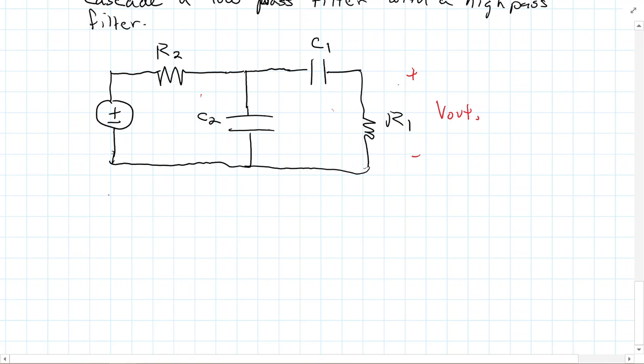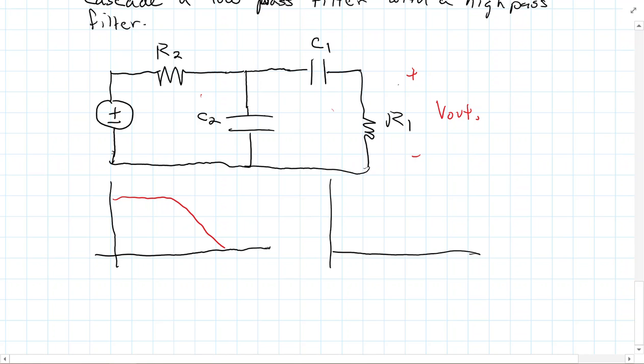I want to create a band pass filter, so if I were to look at what the Bode plots for these are, we know that a low pass filter looks like this. And we know that a high pass filter looks like this. But then we're combining these two together.